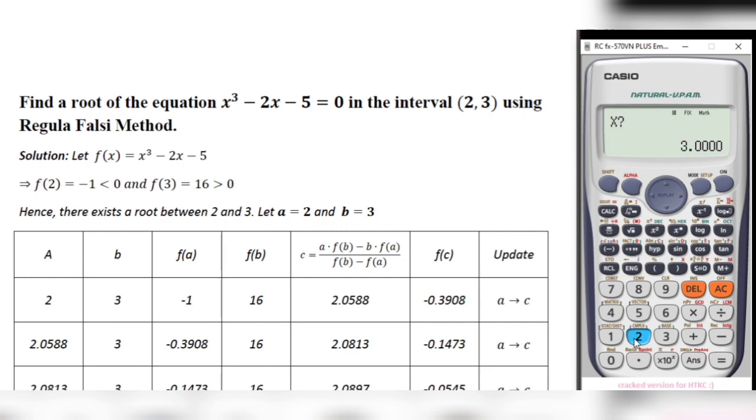For x equal to 2, f of 2 is minus 1. For x equal to 3, f of 3 is 16. So we observe that f of 2 is negative and f of 3 is positive. Hence there exists a root between 2 and 3. So we take a equal to 2 and b equal to 3.